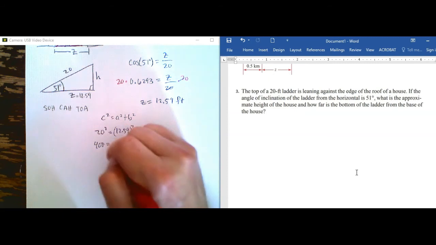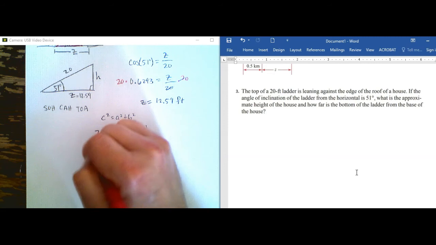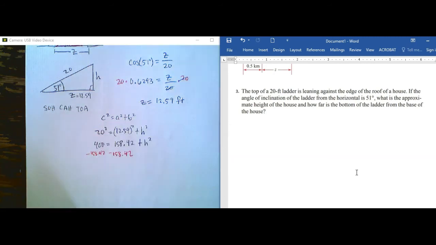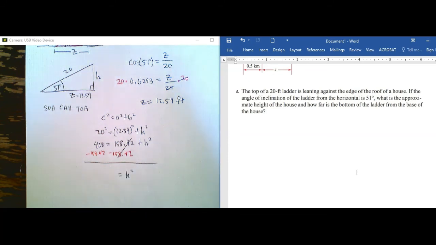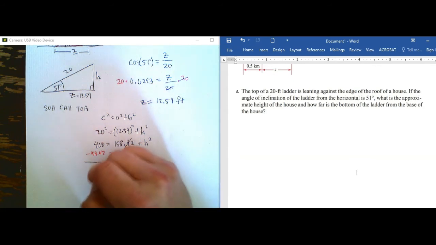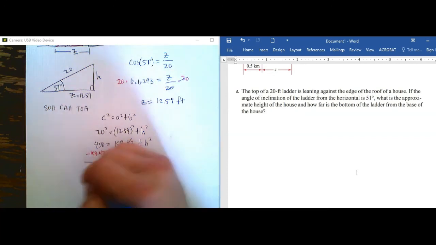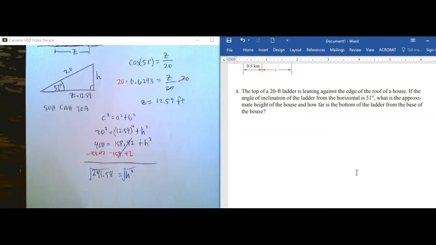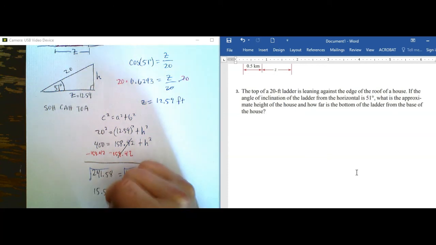So subtracting, h squared equals 241.58, and then take the square root. So h is 15.54 feet.